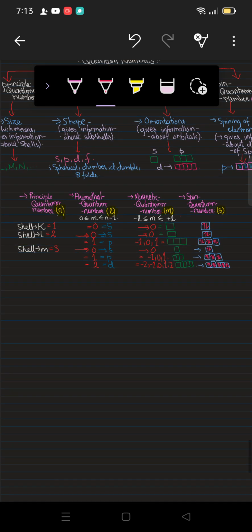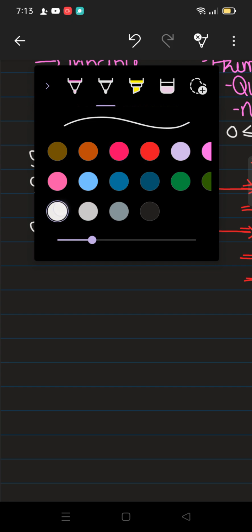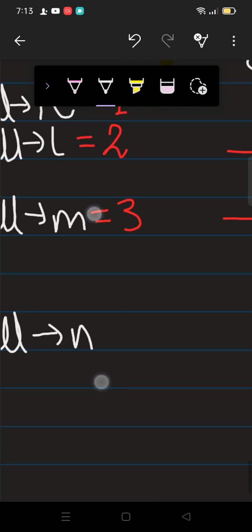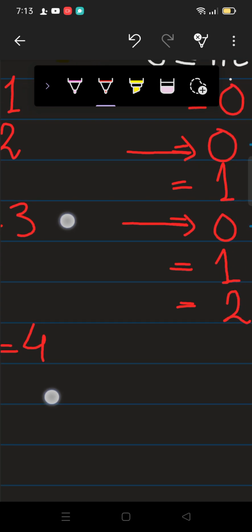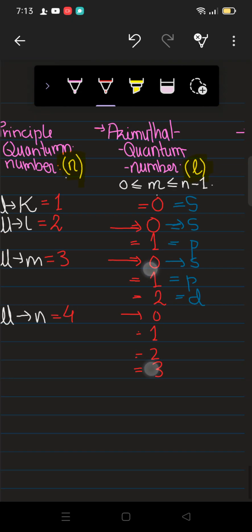Now let's discuss the last one, which is shell number N. KLM, now N, which is of course shell number 4. Now I'll make it very quickly. Here we're gonna have 0, 1, 2, less than 4, so there will be 3.